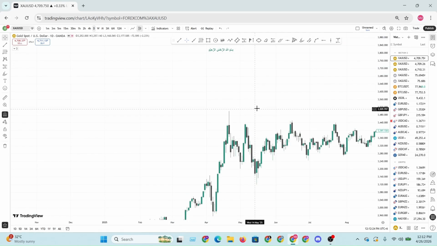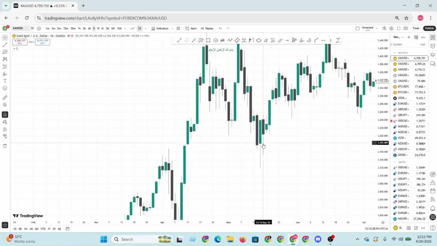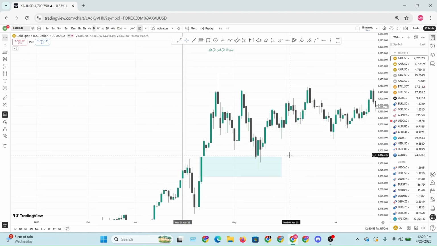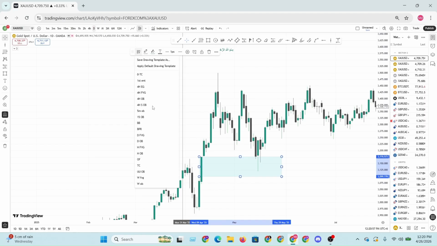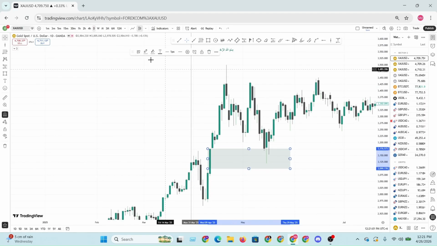Okay, I will go first. Please note down what you see, that there is an averaging. This is our POI. So let's mark it as the daily POI.